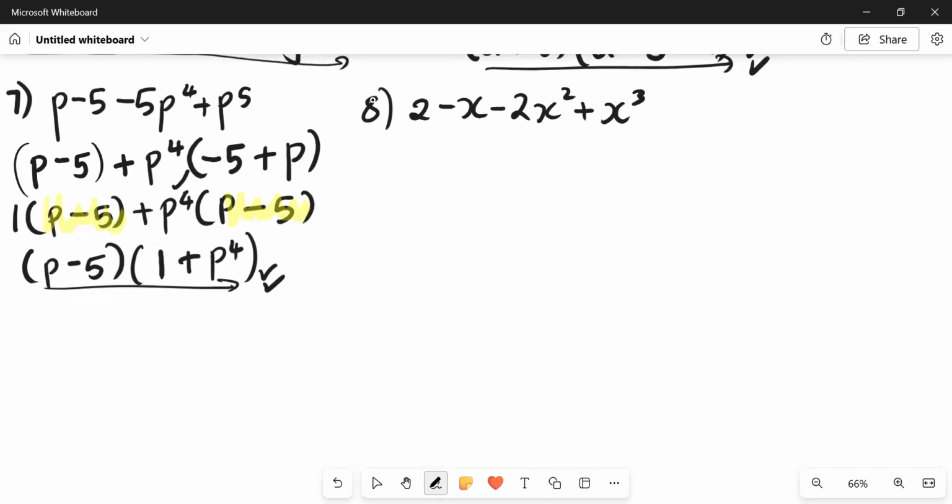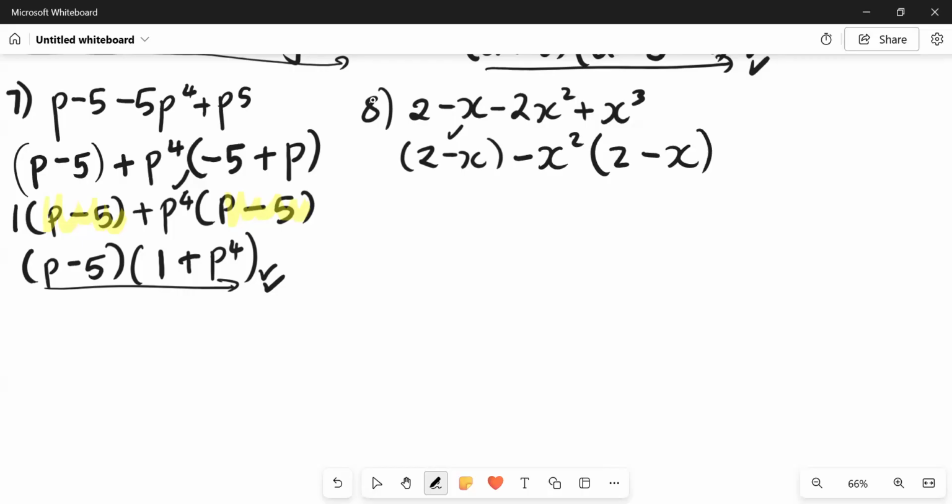Again, 2 minus x becomes our bracket. Now let's try and create this bracket now from this. So you have to take out the common factor of x squared and you'll be left with your 2 minus x.